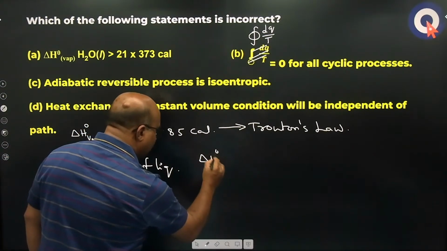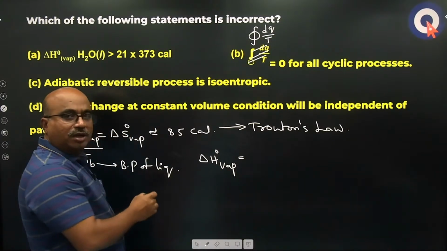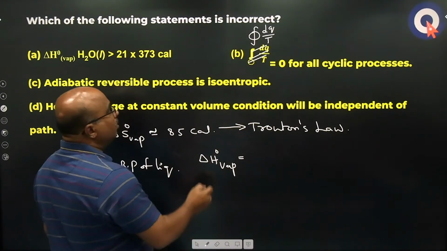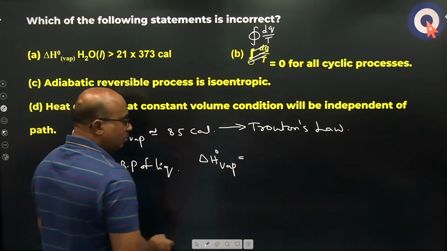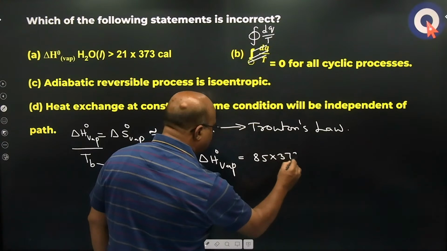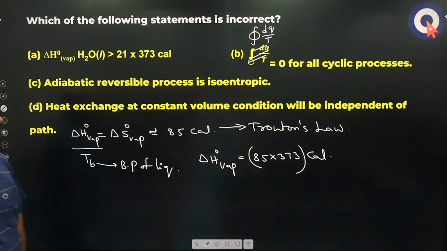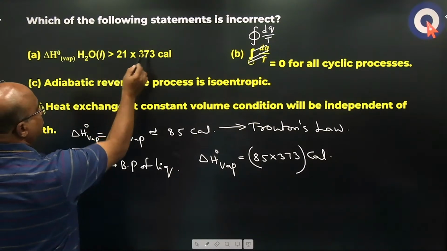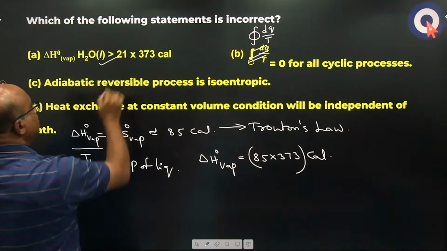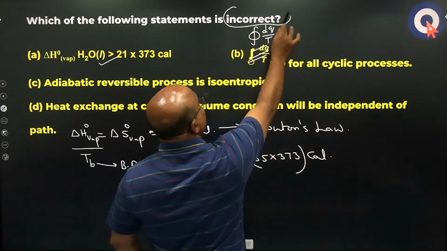For water liquid, the boiling point we usually say is 100 degrees centigrade, that is nothing but 373 Kelvin. So it is nothing but 85 into 373 calories. So this is anyhow higher than this, because it is 85 into 373. So this statement is correct, but what we require is incorrect statements.